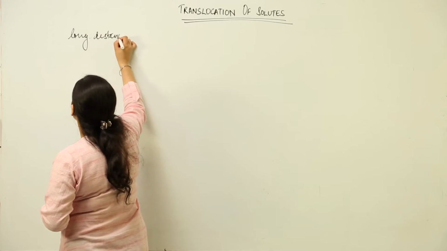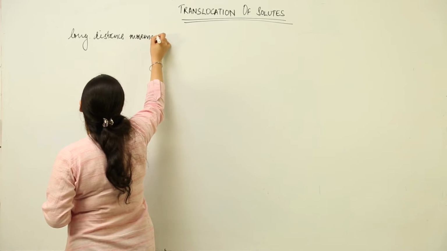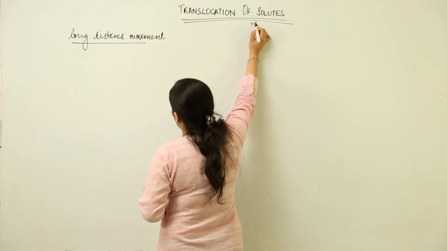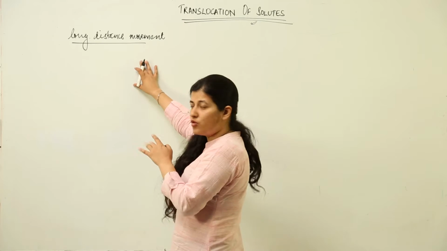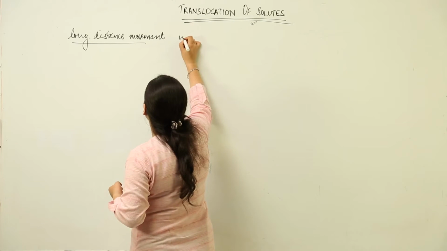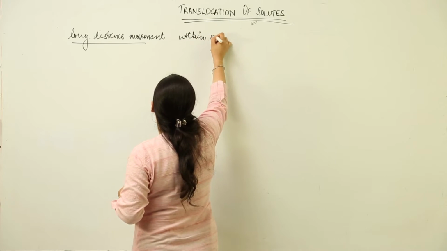Now, long distance movement, as we have the topic which deals with the transport of solutes, we are dealing with long distance movement of the solutes, or you can say sap, within the phloem over here. Okay.